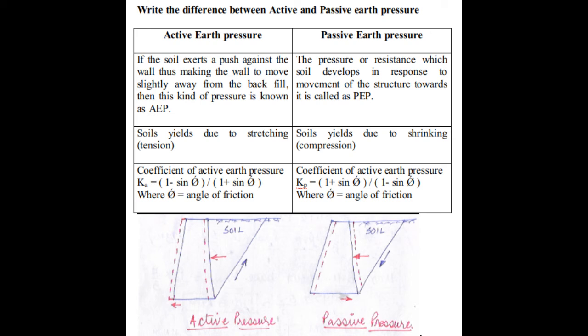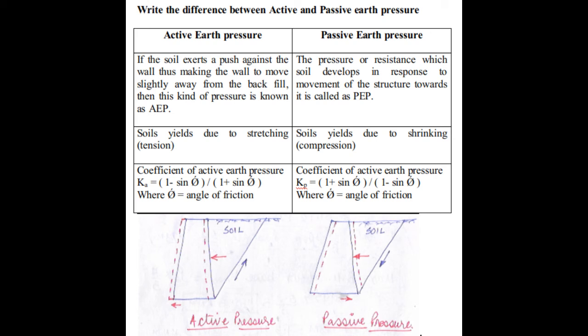Sometimes we are confused about which case the backfill is moving towards the wall and in which case it is moving away from the wall. So in case of active, the wall moves slightly away from the backfill, and this kind of pressure is also known as the AEP, that is the abbreviation.